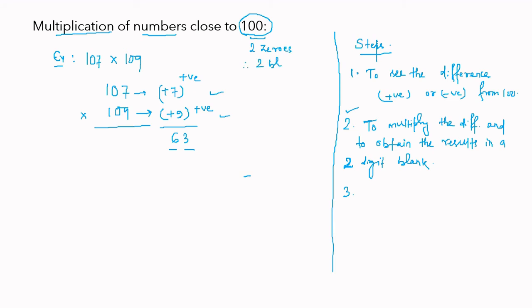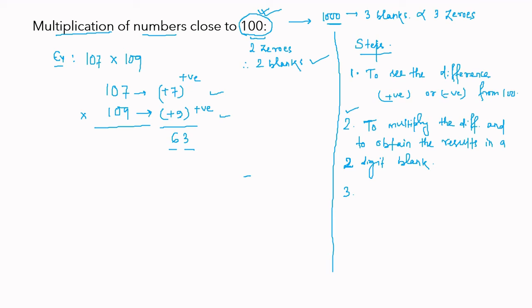Had it been multiplication of numbers close to 1000, which we will be seeing later on in our next sessions, then the number of blanks would have been 3. So the number of blanks is directly proportional to the number of zeros in the number we are multiplying numbers close to. So since it was multiplication of numbers close to 100, which in turn has 2 zeros, the number of blanks that we can fill in is 2. So you see, that's a really helpful shortcut. Let's proceed to the third step.